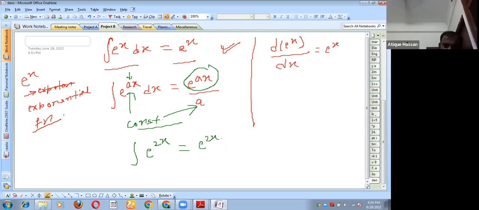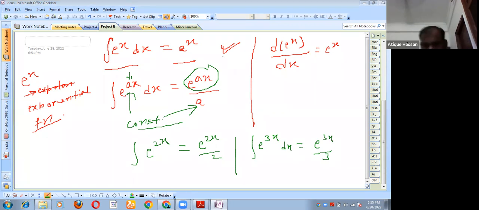E to the power 2x, divided by the constant. Similarly, the integration of e to the power 3x dx will be equal to e to the power 3x by 3. Are you getting it? So in integration, if x is multiplied by a constant, it is always divided by that constant.